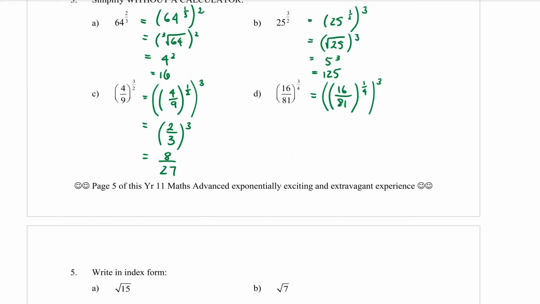Anyone know? 2, good. And 4th root of 81? What do you think? 3. It's pretty easy to guess them actually, because there's not too many options that can give that kind of number. All right, so then I need to cube everything inside there. So 2 cubed is 8, and 3 cubed is 27, which amazingly got the same answer as C.